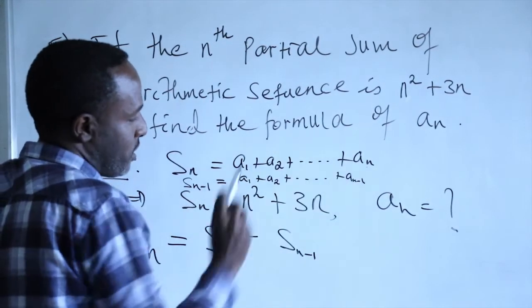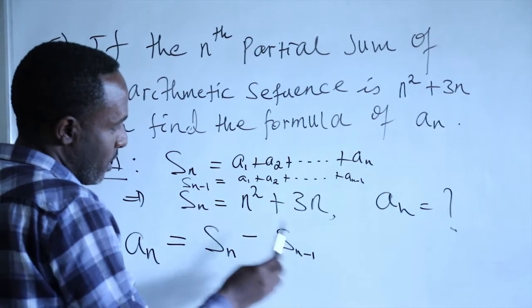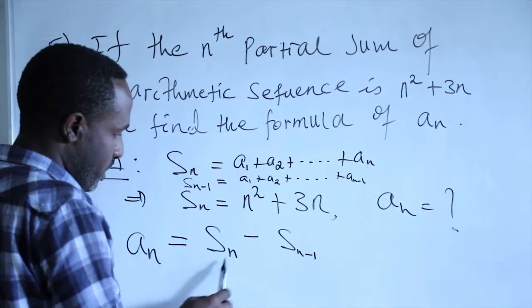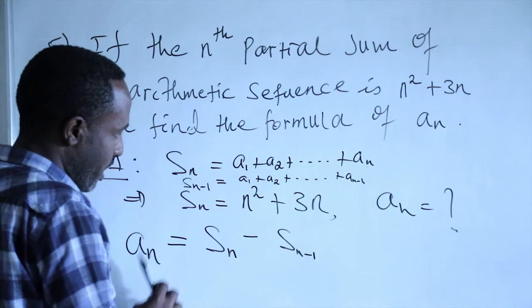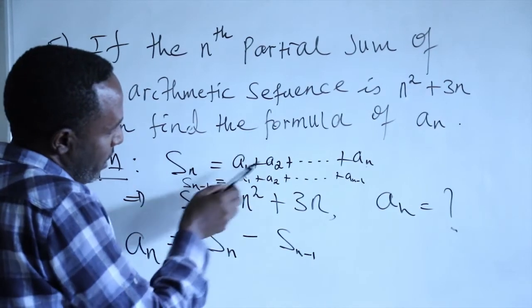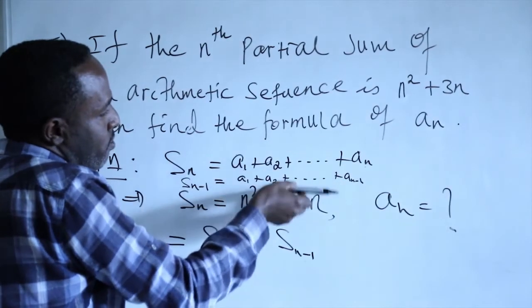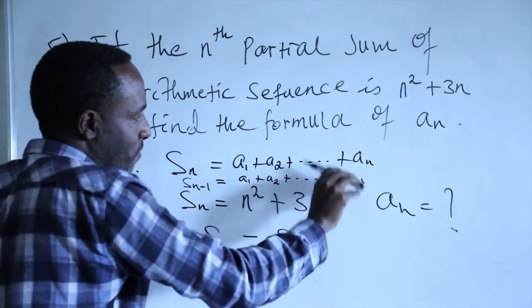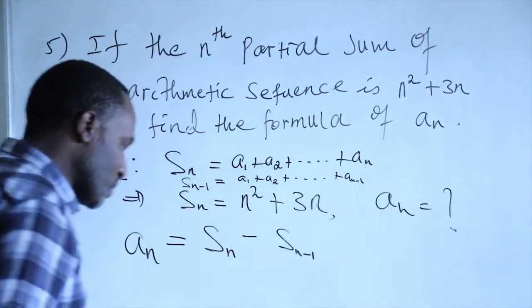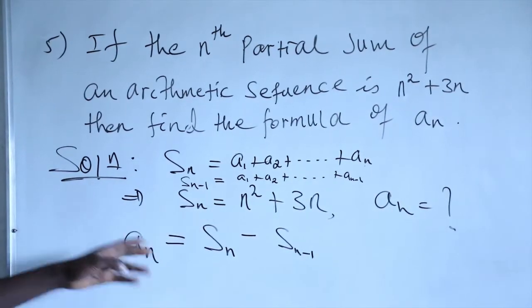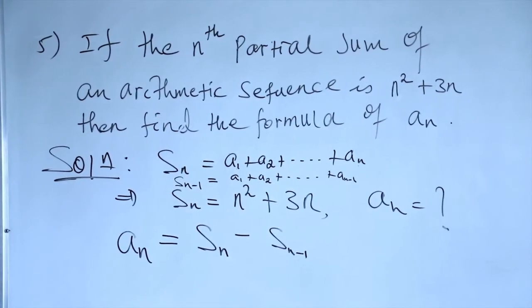So we don't have this an. So when we see the difference, Sn minus Sn minus 1, a1 with a1, a2 with a2, a3 with a3, so every term should be cancelled out by itself except an. So an equals Sn minus Sn minus 1.